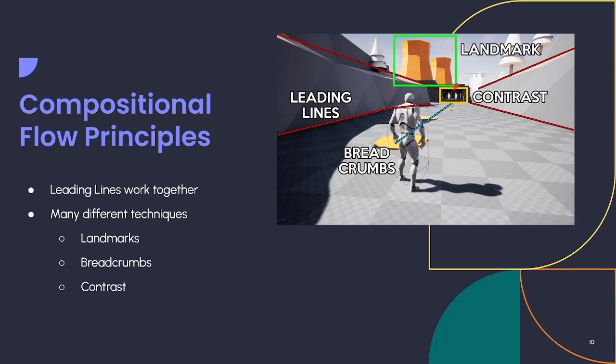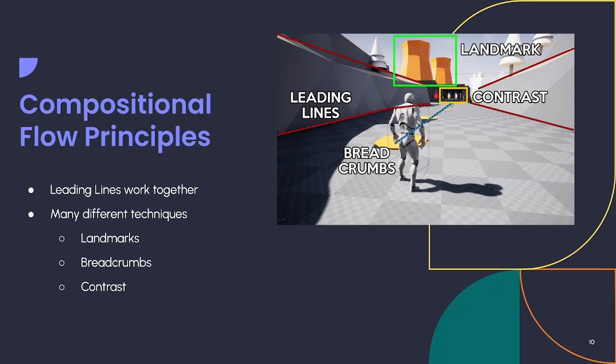So this image is a really, really good example where you start here, immediately you see your lines and you see your landmark. So this is where you want to go to in the end. It's something that you're shown as like, hey, this is something that you're going to go to, or something to remember, but you can't get there yet because there's this wall here and there's this area in front of you. But these leading lines are like, okay, this is where you're going. You're going to get there. You got to go through here first.